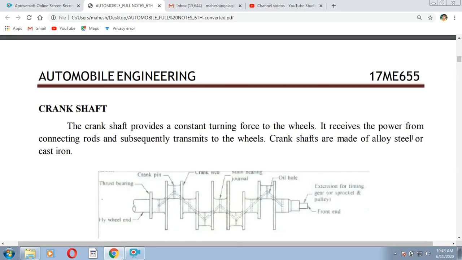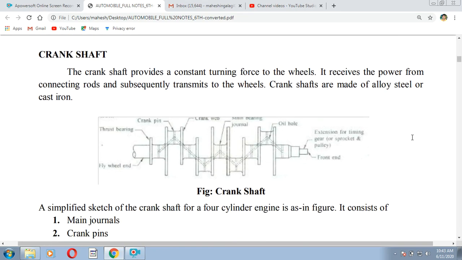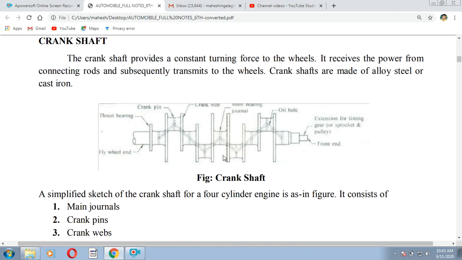Now the crankshaft. A very important part is the crankshaft. This is the diagram for the crankshaft. You may observe here, it consists of the thrust bearing, and there is a shaft, and this one is the flywheel end. We have the crank pin here, the crank web, and the main bearing journal.